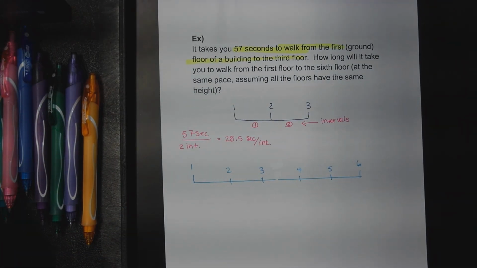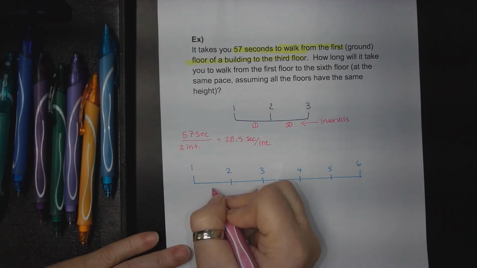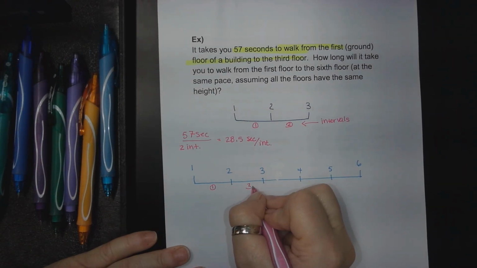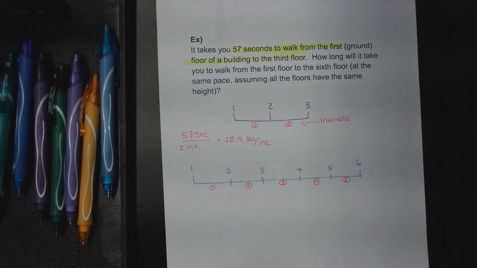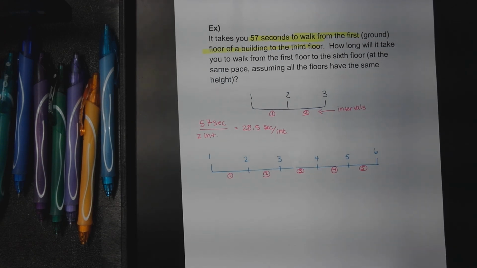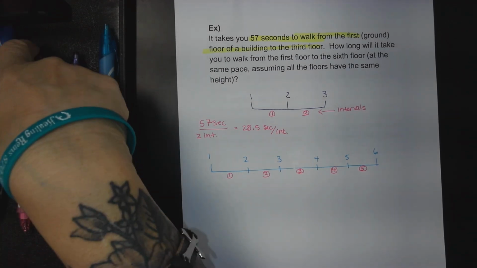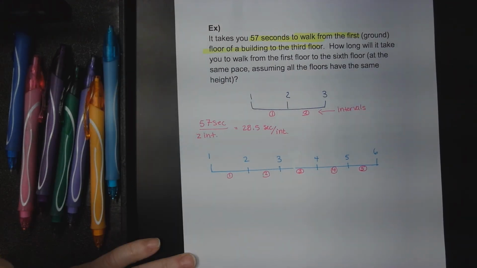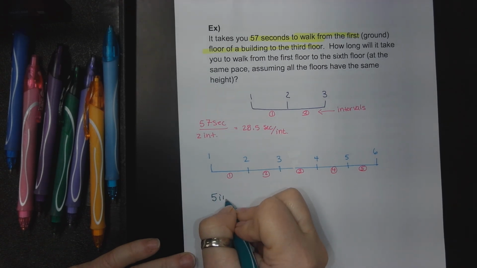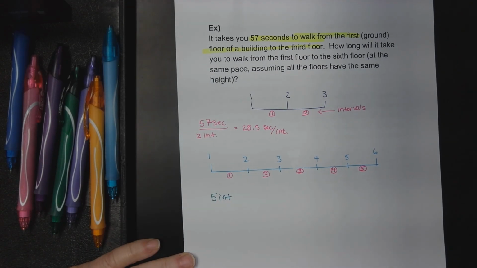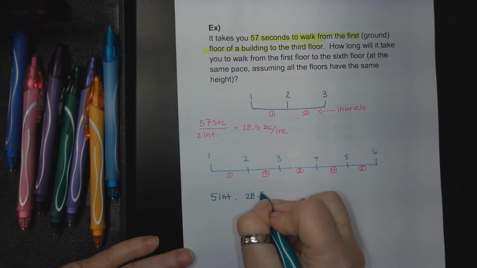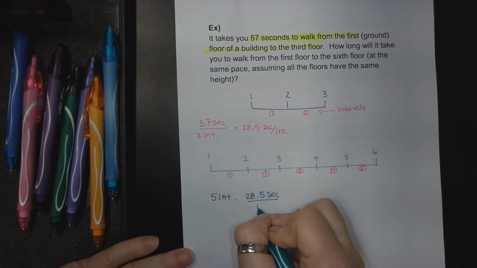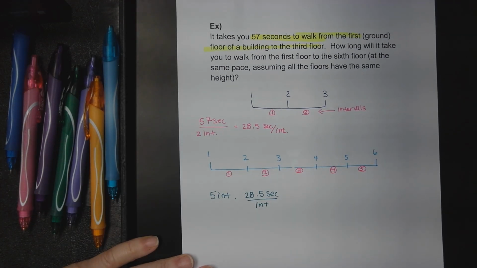All right, so now let's count my intervals again. 1 interval, 2 interval, 3 interval, 4 interval, 5 interval. There we go. So this time I have 5 intervals. And we know we have this, so let's multiply it by 28.5 seconds per interval.